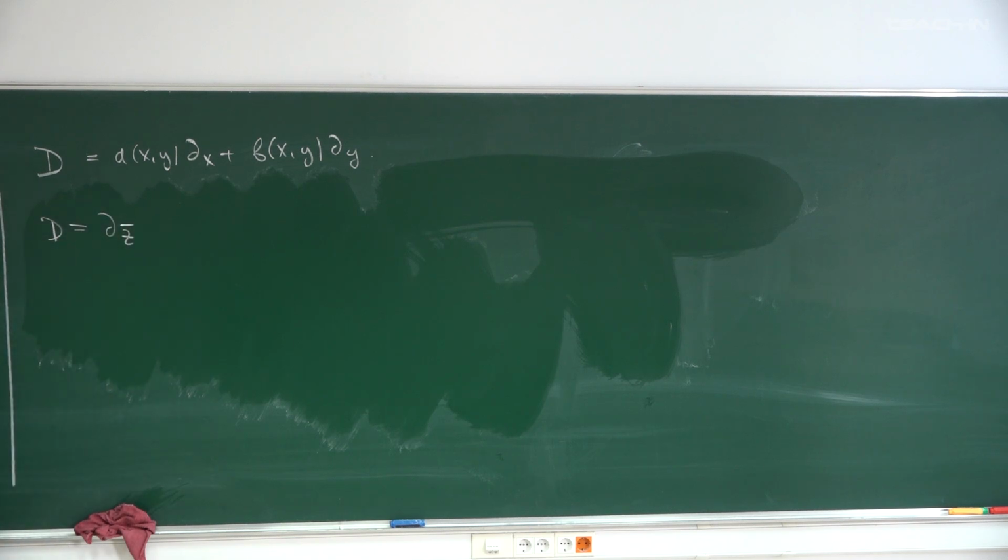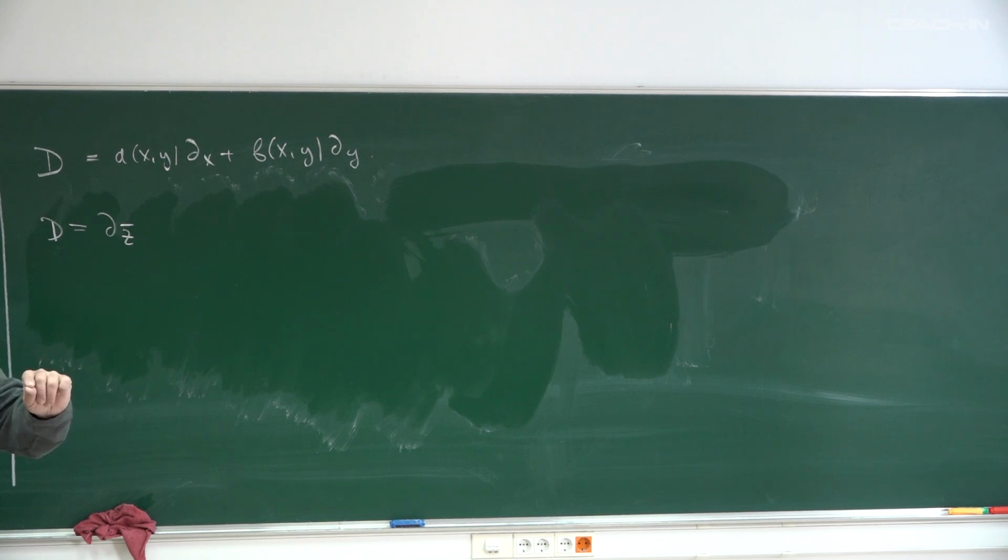You agree? This operator defines the complex structure in complex coordinates. Now, we do the following. We change the complex structure, but keep the same coordinates. Therefore, the coordinates are not isothermic anymore. They are not complex anymore. We keep the same coordinates, but change the complex structure.